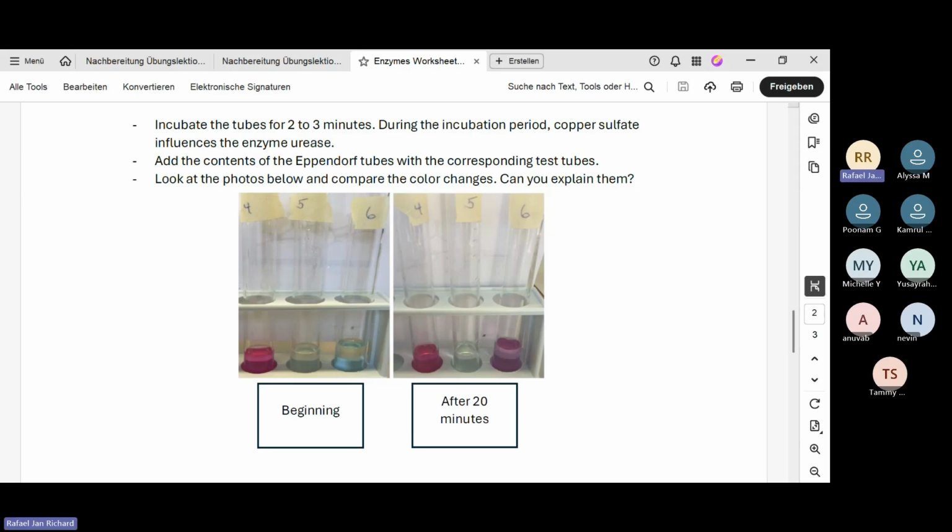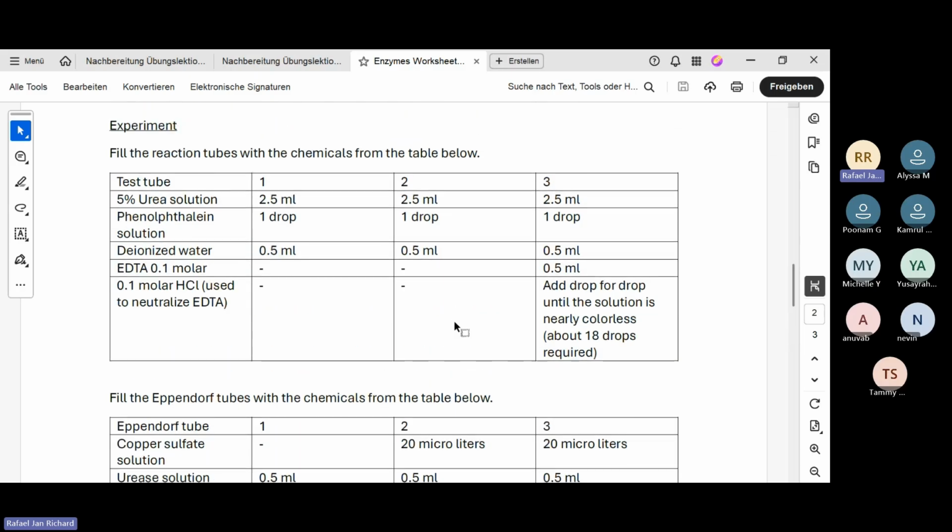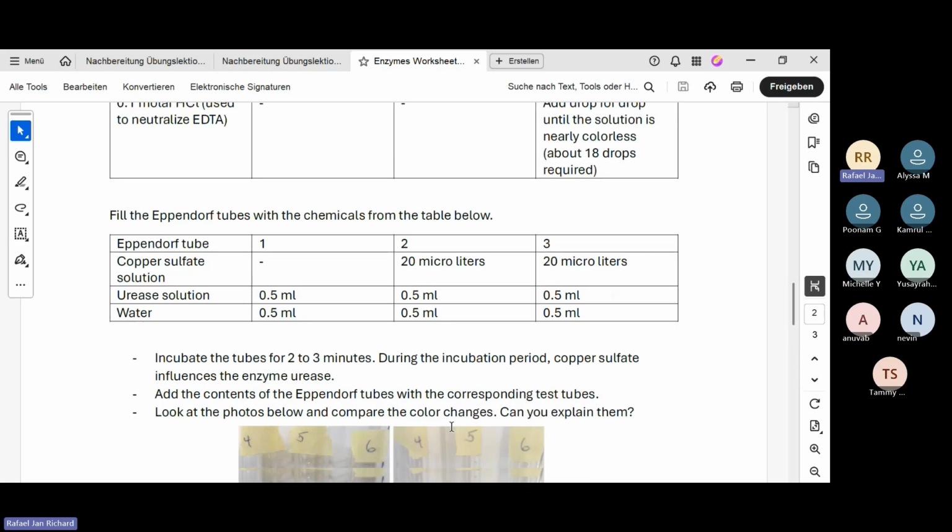Exactly. This is the correct answer. It turns pink as there is no inhibitor, no copper sulfate present, whereas in the second test tube, as you can see here, it has copper sulfate in it.